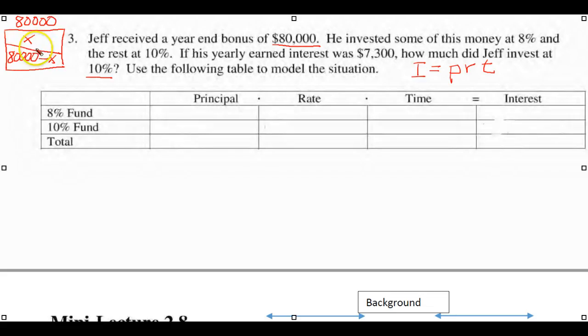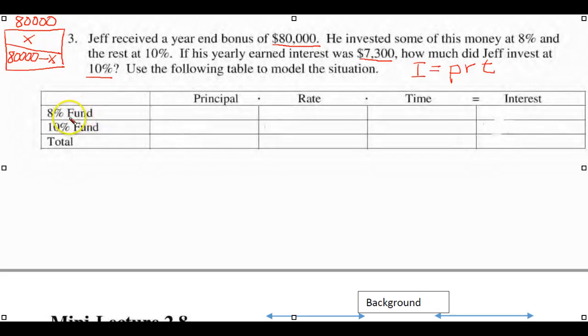Now, they earned interest, so the interest formula is interest equals principal times the rate times the time. So this was in just 1 year, so T is 1, so we can sort of forget about it for now. Now the total interest was this, but it's in 2 parts.